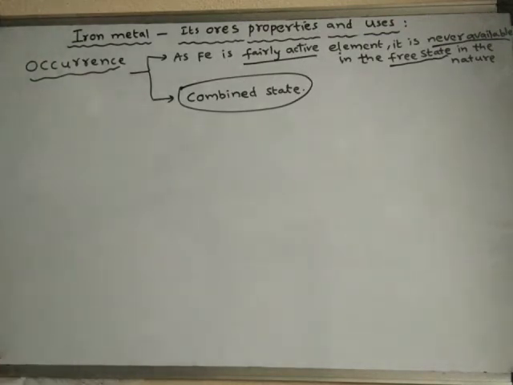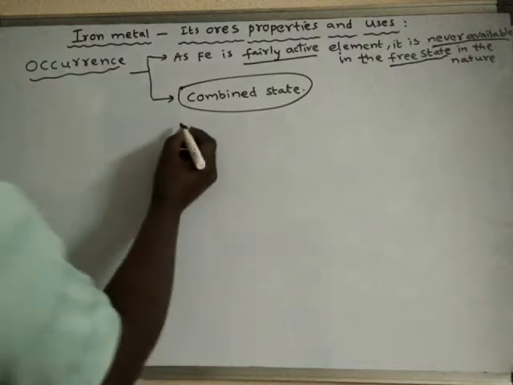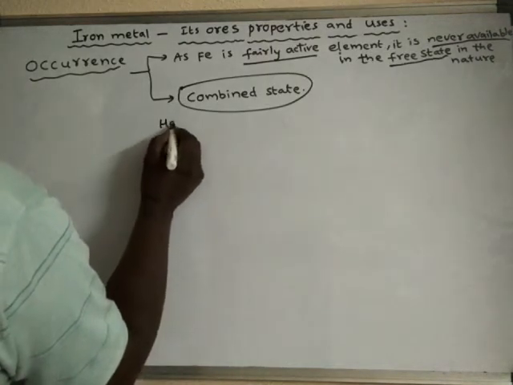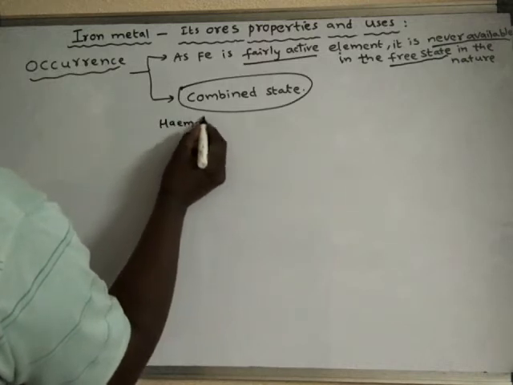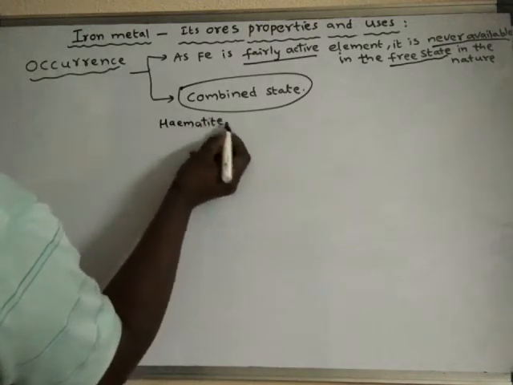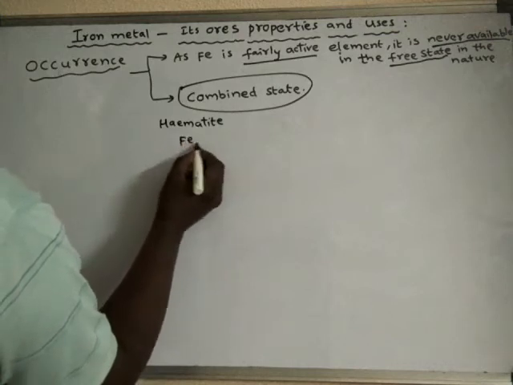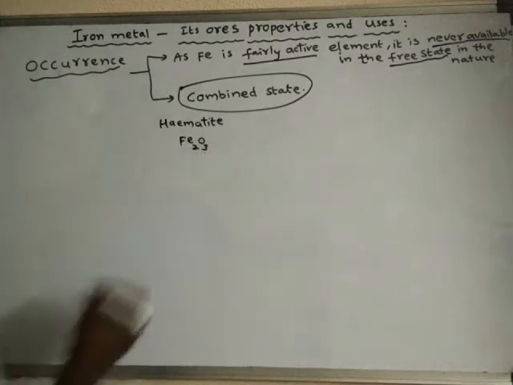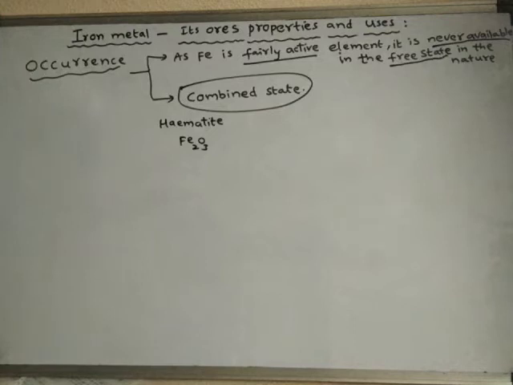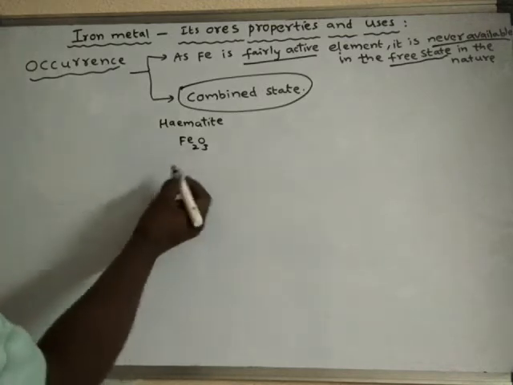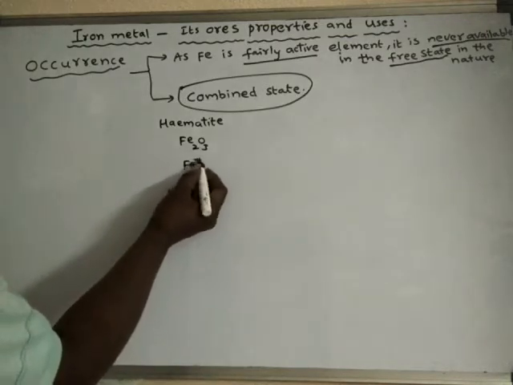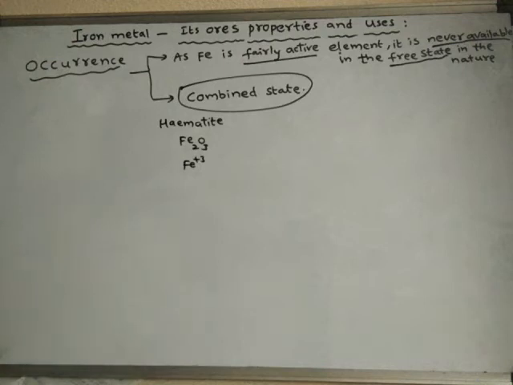Main ores, if you speak about the ores of iron: hematite, its formula is Fe2O3. It is called iron 3 oxide because iron is in the form of +3.